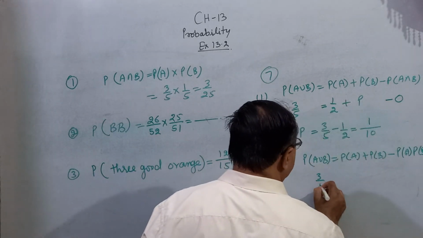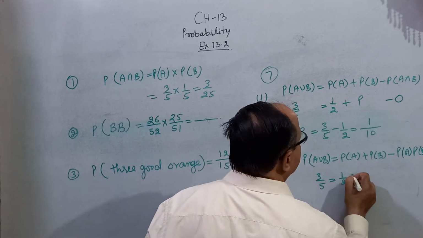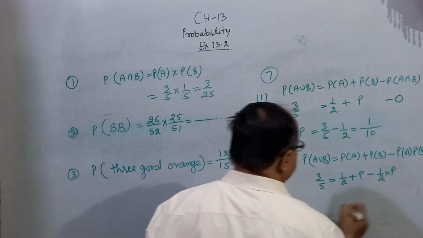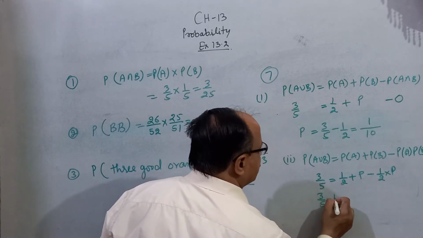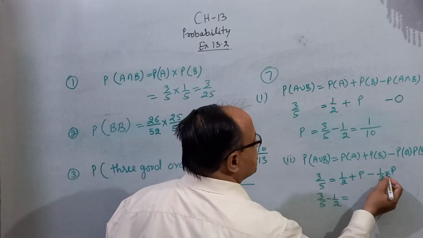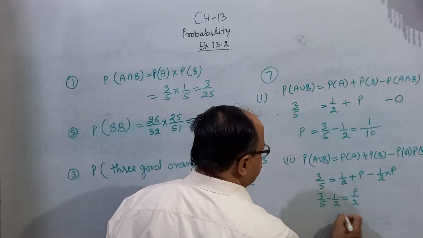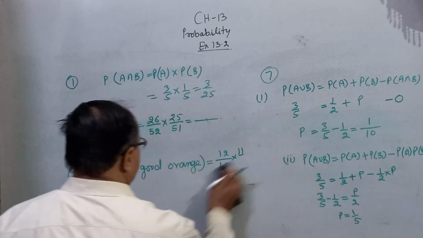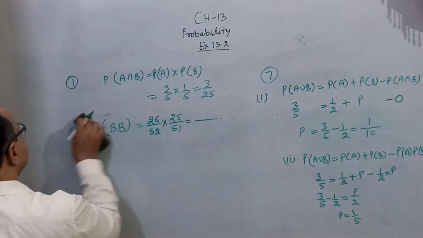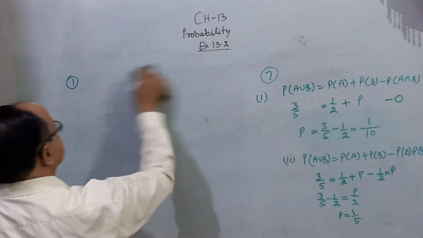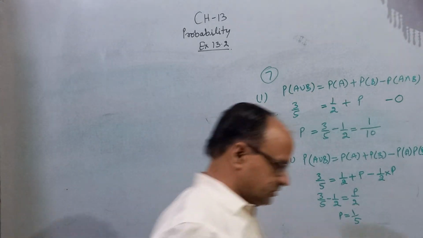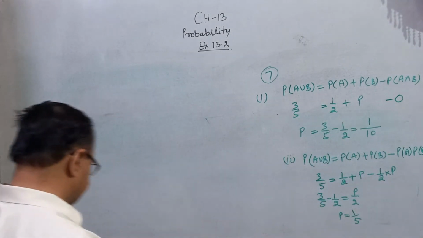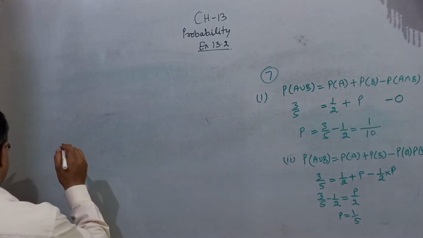Just put the values: 3 by 5 equals 1 by 2 plus P minus 1 by 2 into P. Therefore 3 by 5 minus 1 by 2 equals P minus P by 2, that is P by 2. When you solve, the answer is 1 by 5. This is question number 7. The 8th question is very easy. In the 8th question, everything is given.